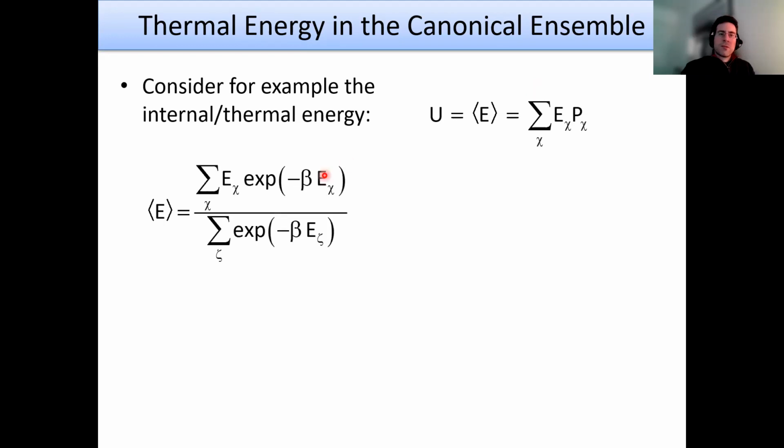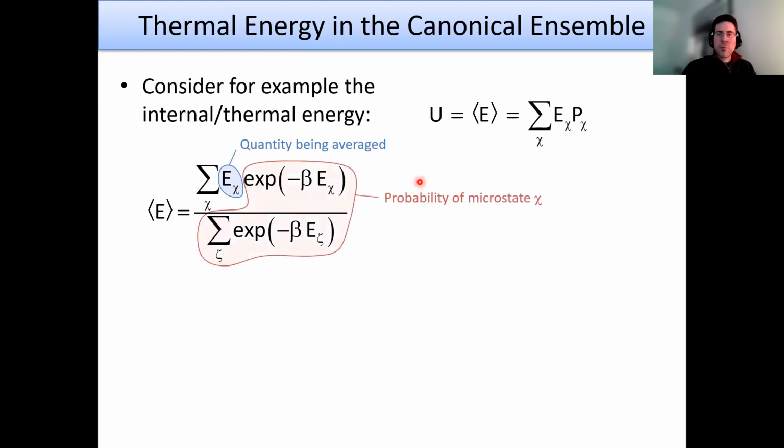But then here is the kind of magic that happens. This average, if you think about it, is this expression here. The magic will happen in a moment, but let's look at this expression closely. So this energy is the quantity being averaged, and everything else, this thing here, is the probability of the microstate chi.